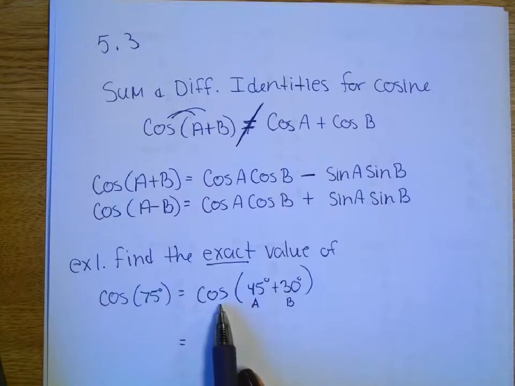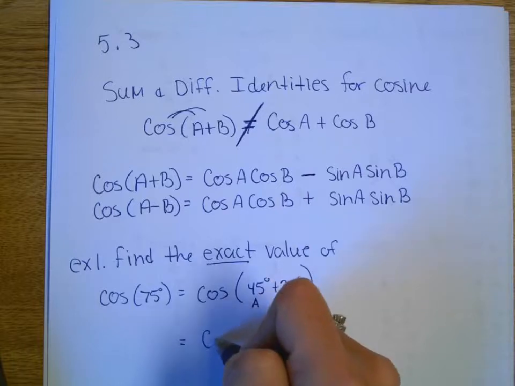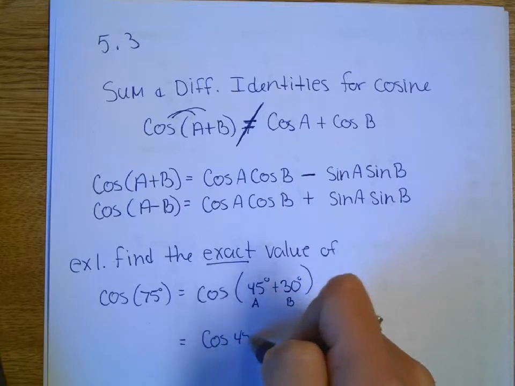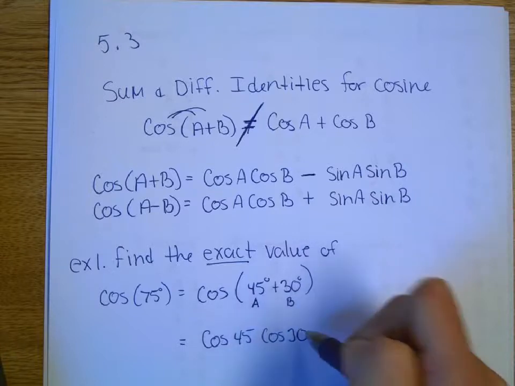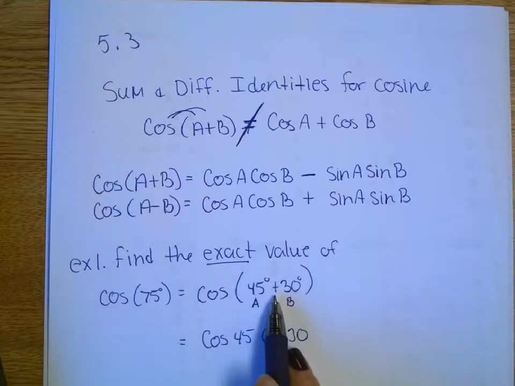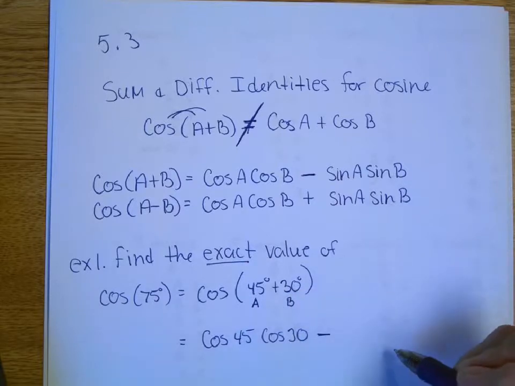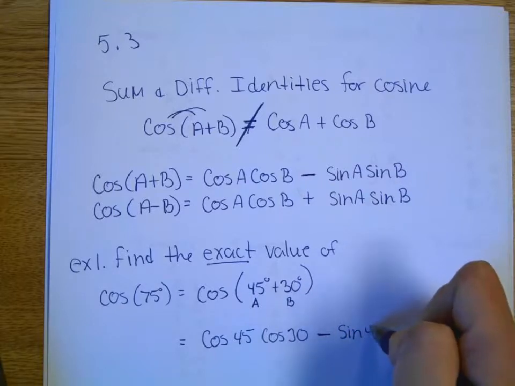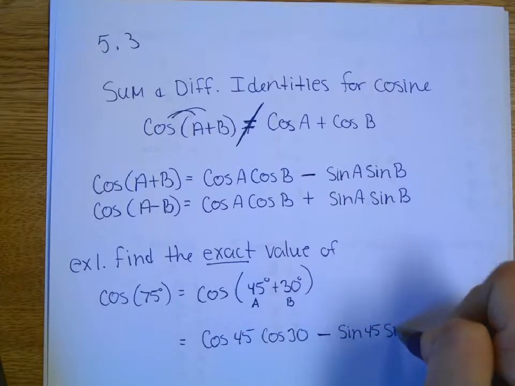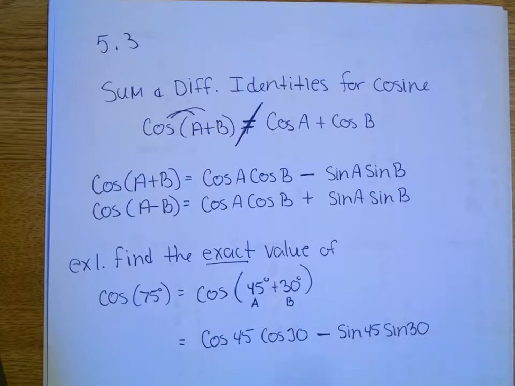If I expand, the identity says take the cosine of both of them, so it's the cosine of 45 multiplied by the cosine of 30. And because I'm adding them in my parentheses, I need a subtract here. It's the sine of the two multiplied together. So I need these four values, and they're on your green sheet, and then I just do the math with them.